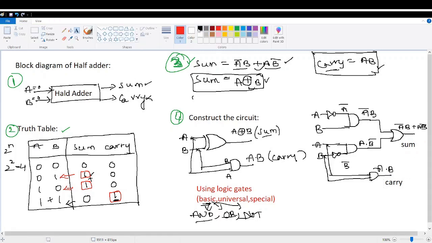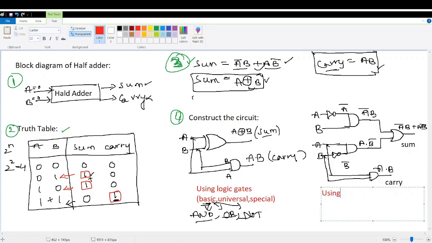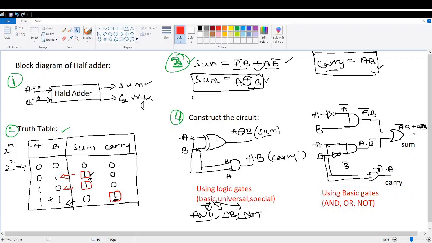Now what is the reason why we have implemented it again? Because we have to implement using only basic gates, that's why. So here we have used only basic gates. Basic gates in the sense, let me write here, AND gate we can use, OR gate we can use, NOT gate we can use, but we cannot use the XOR gate.